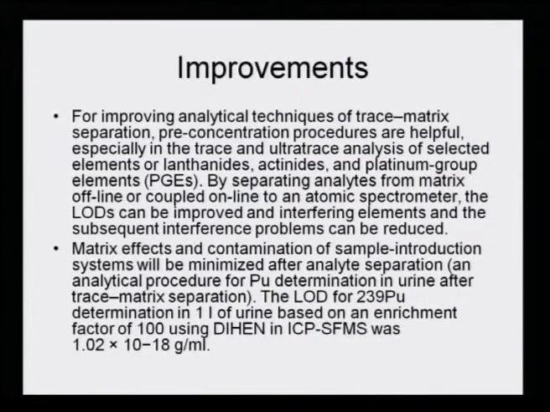These have a certain improvement, and that is why from time to time further improvements are brought in, so that trace element detection in very complex matrices is efficiently carried out.